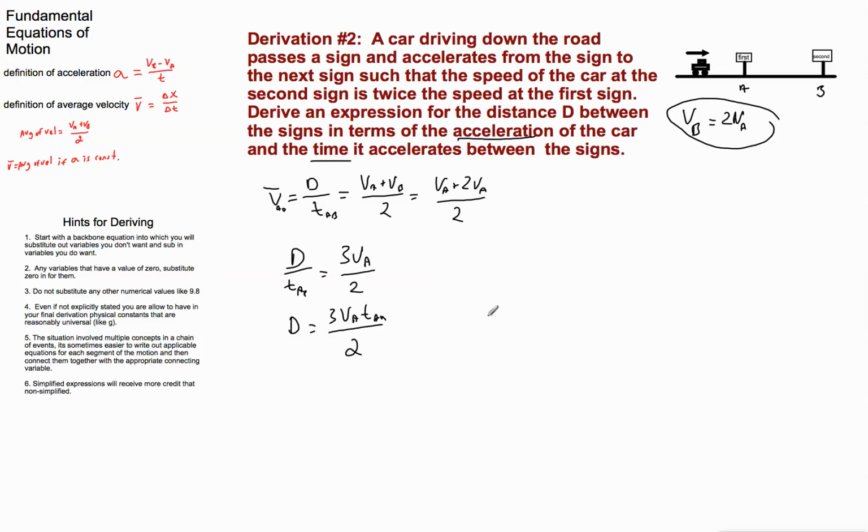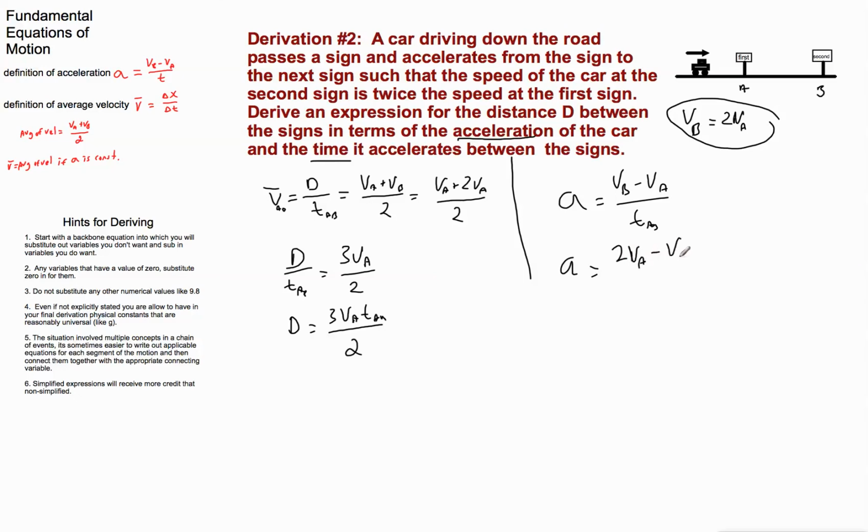Now that's a good start, but that has the velocity at A in there, and we're not supposed to have that in there. So let's try to get that out of there by bringing in the acceleration equation. Put a line here. Acceleration will be VB minus VA over the time from A to B. And then again, let's substitute this condition up here, which says 2VA is equal to VB.